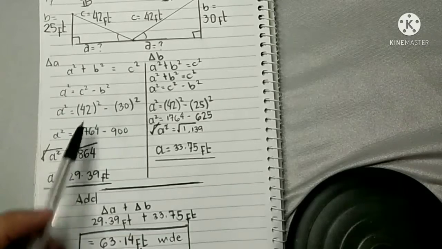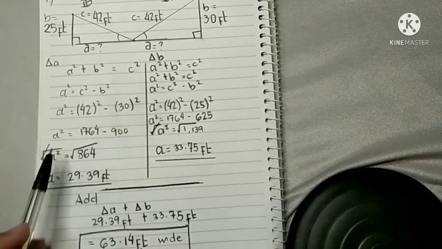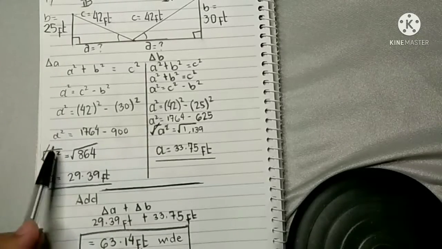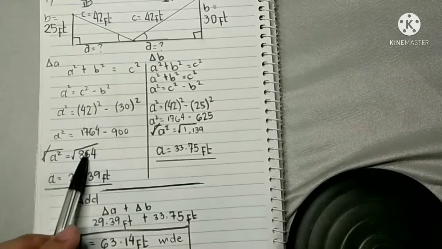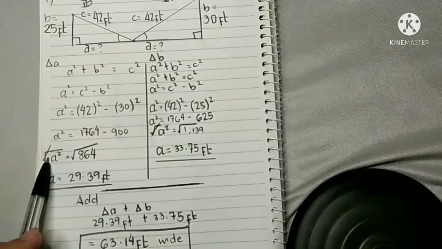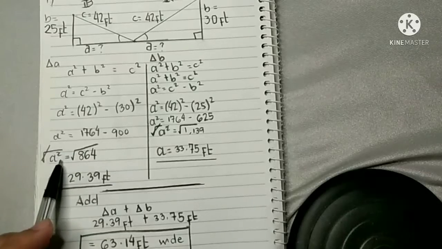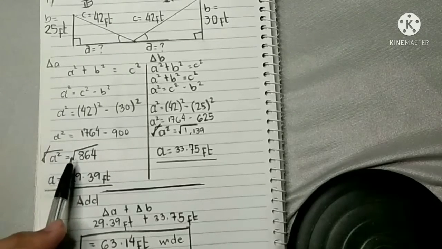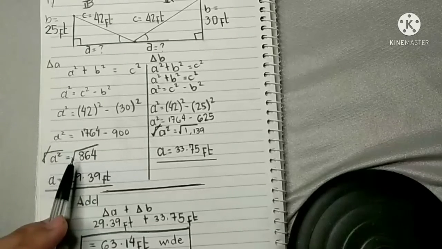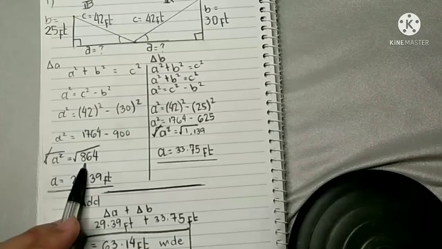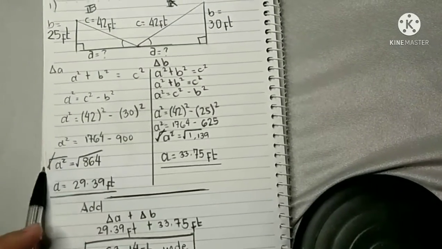Then we solve. So a squared equals 42 squared, which is 1764, minus 30 squared, which is 900. Then a squared equals 864. Then we put a square root to cancel out the exponent in a. Then we will get a equals 29.39 feet.